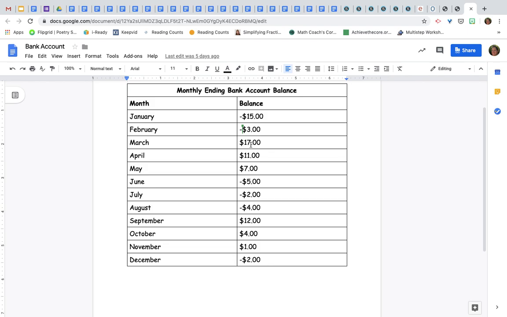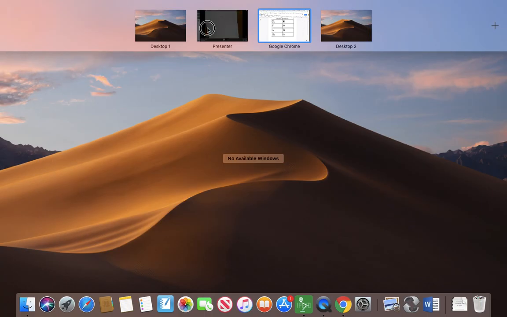So if I'm trying to find the seasonal average of my bank account in the fall, I'm going to take my account balance for September, which was $12. October, which is also in the fall, which was $4. And November, which is the month in the fall, which was $1. Okay, so that's my data.